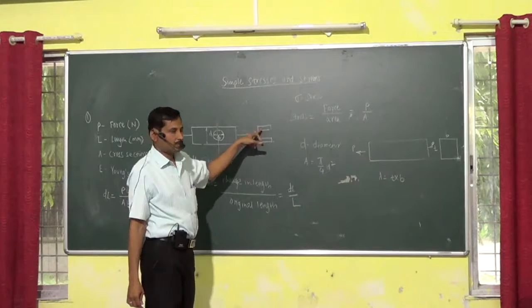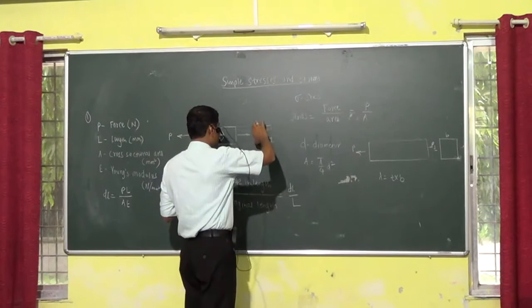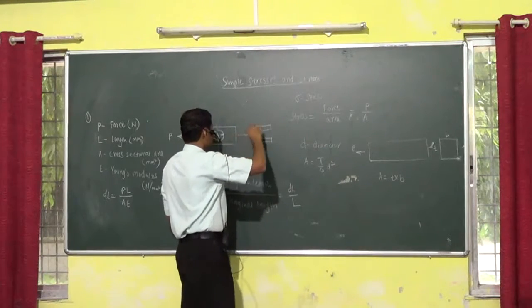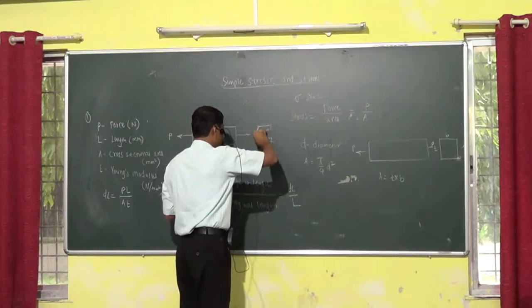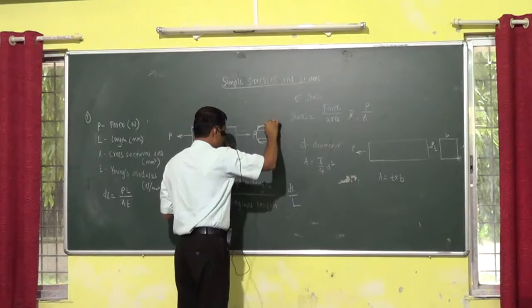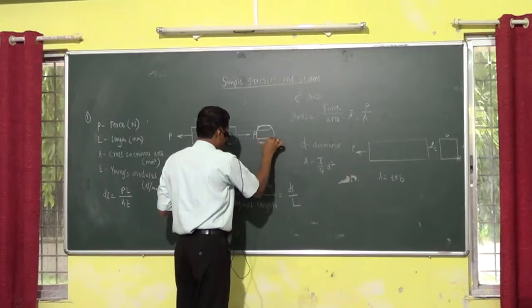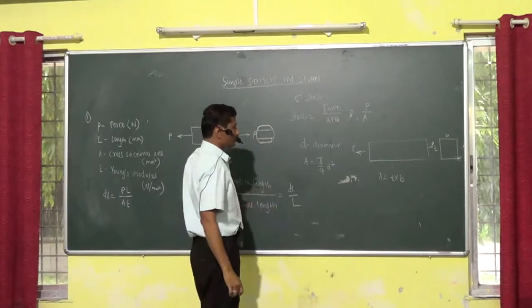Is it okay? Likewise this particular portion will be cut, will reduce from this particular bar. If this is rectangular, this will be the cross section, and if this is a round bar, then in this round bar, this particular portion will get cut and the remaining area will be taken into consideration.